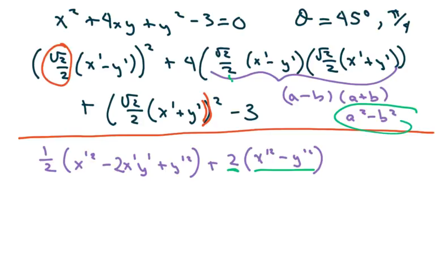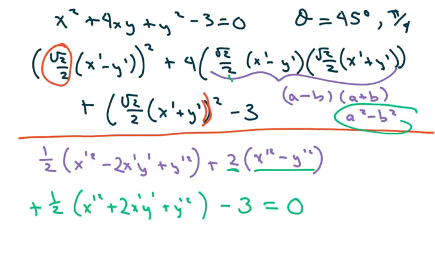Just pause it and think about it, okay? So now I have plus 1/2 x prime squared plus 2x prime y prime plus y prime squared. And then, what else do I have? Minus my 3 equals 0. Now, I'm going to multiply all this through and simplify.